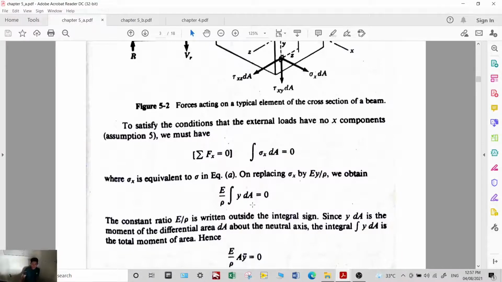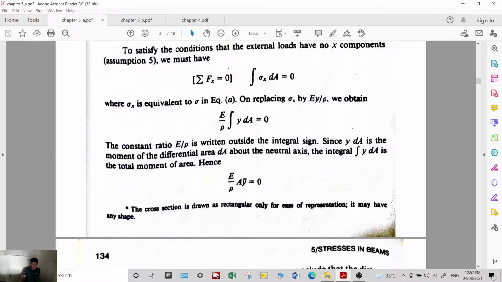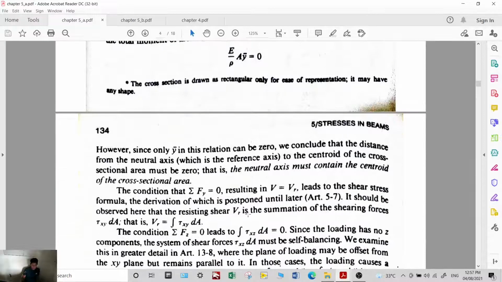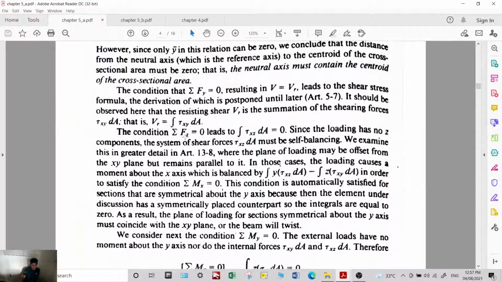From statics, this is what you call the moment of area. So just recall your statics. The moment of area is the ability of the material to resist rotation, right?